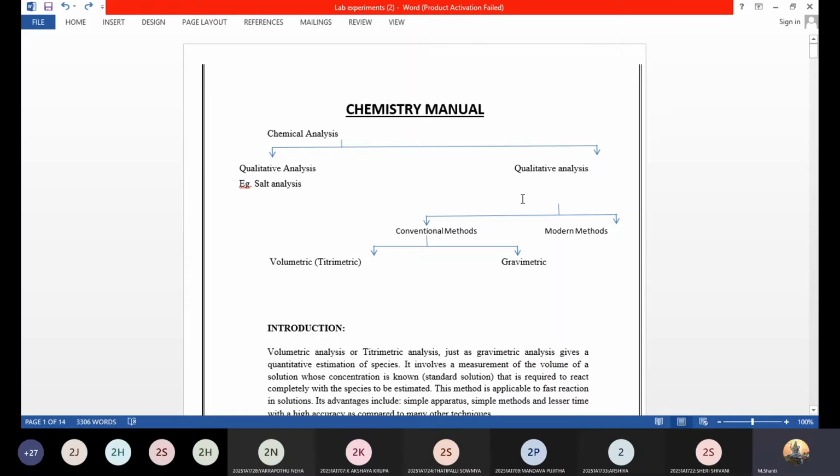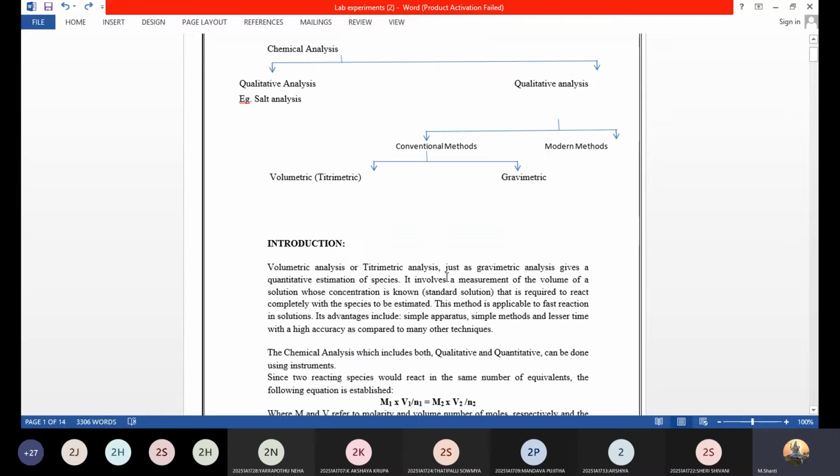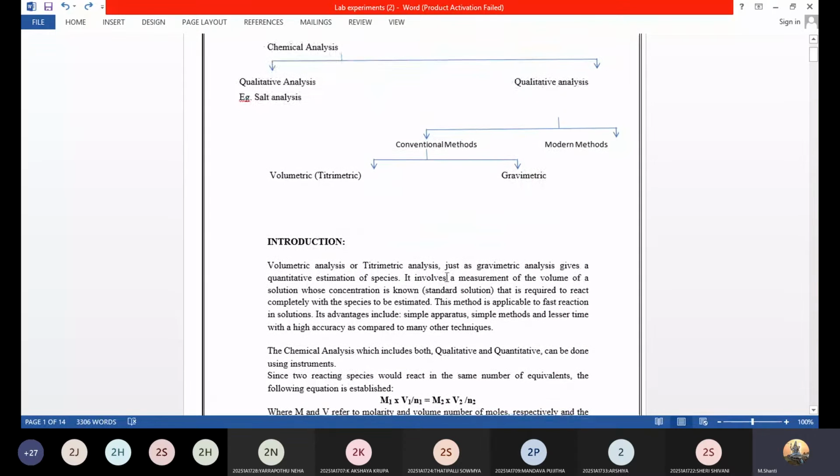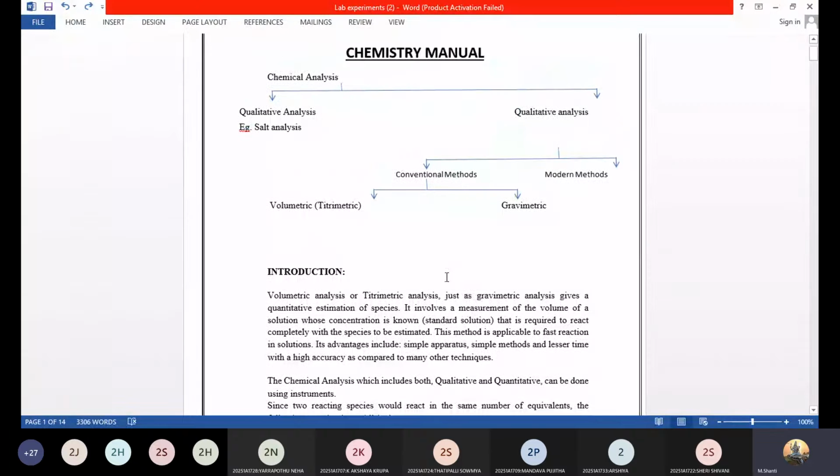Okay, before actually going into the experimental part, let me know how many of you have done any kind of experiments at your school level or at your intermediate level. Have you done any experiments in your intermediate or 10 plus 2? Yes?